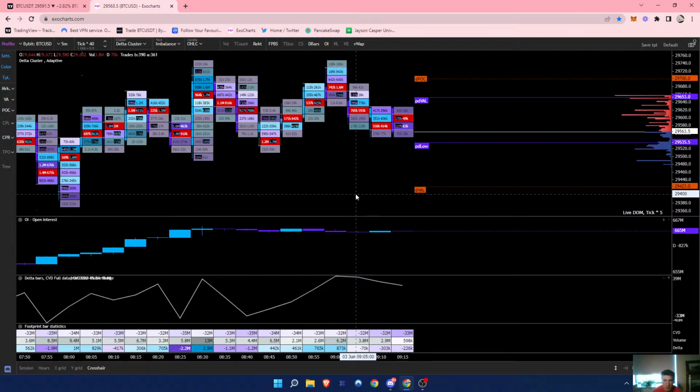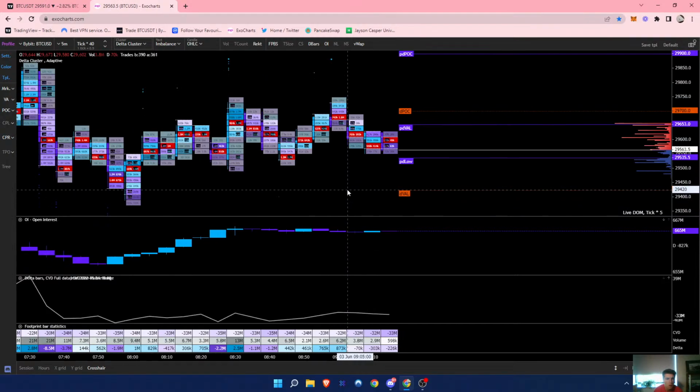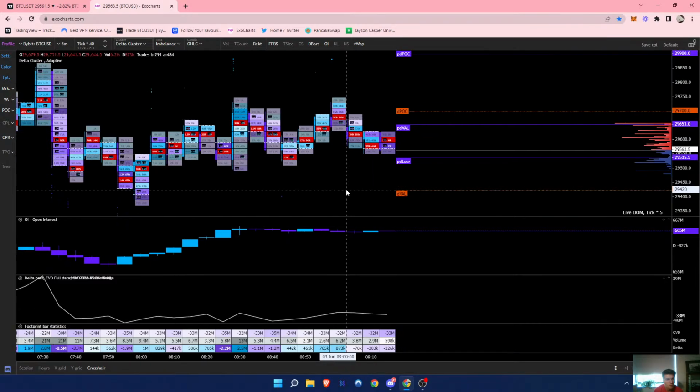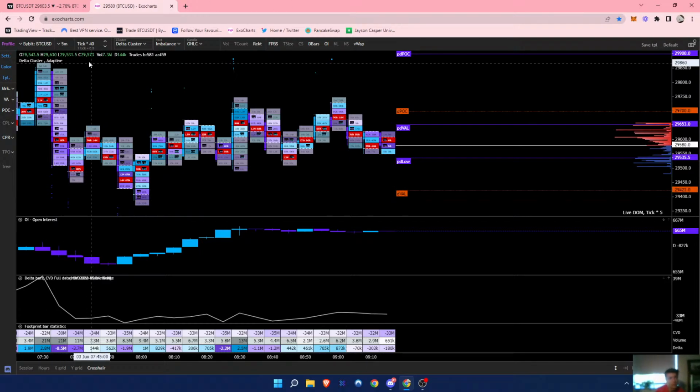Kind of dropping down here. Could be a possibility that CBD makes lower lows. I don't know. I'm getting a sense that there's absorption going on, but there's absorption on the 1 minute.